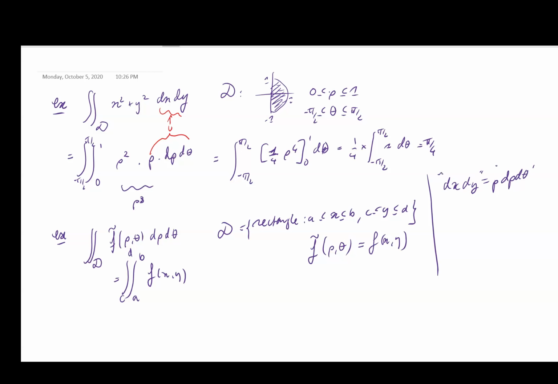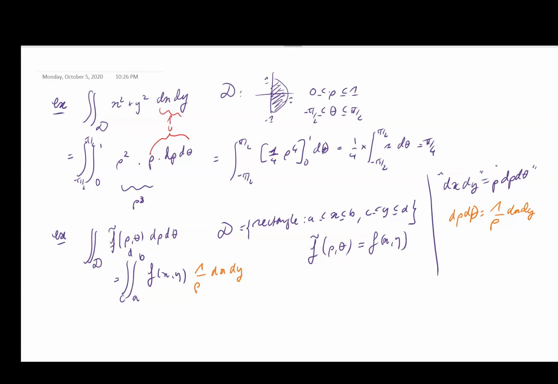Okay, thing is that now we've got the contrary. Okay, no problem, we're going to use that. That just says that d rho d theta is equal to 1 over rho dx dy. But if I write it like this, 1 over rho dx dy, is that a correct writing?